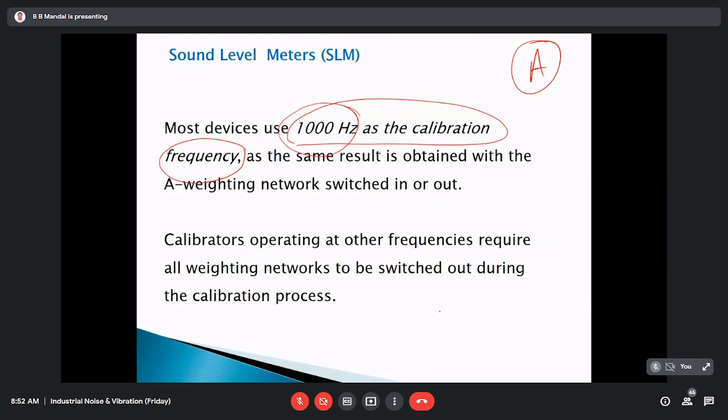Dibasri, what is the correction in A weighting for 1 kilohertz? I'll have to see. You forgot already. I don't remember it. So many classes every day, no? So you forget all these things. Can you see it?